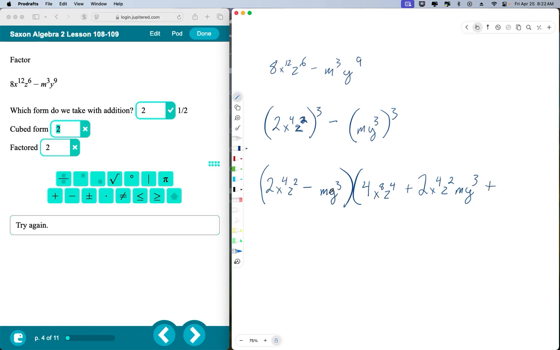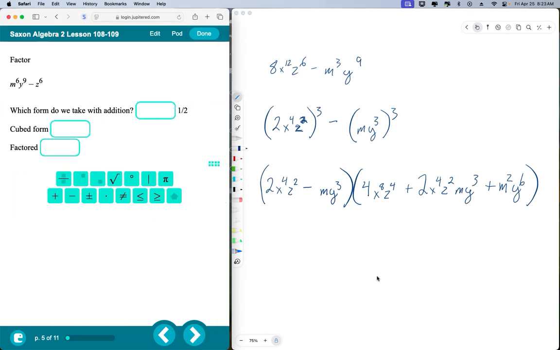Plus, this one squared is going to be m^2y^6. Done. You see, this takes no time. You just have to be able to cube and uncube, and then square for this part. Not hard. Let's just go through this and knock these out.